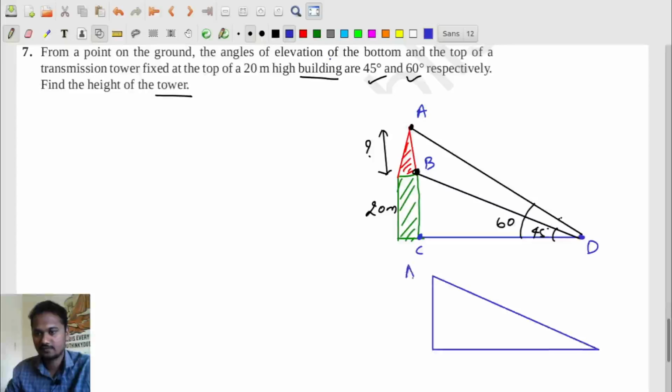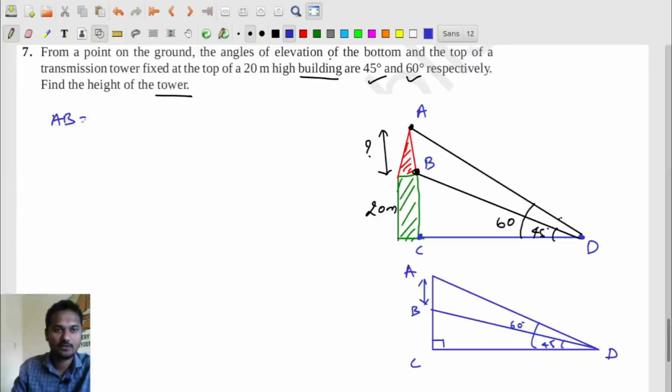A and B somewhere here, and then C, and then D, right? So this is your 90 degrees here, this is 45, and this one is 60, and we need to find this AB, right? We need to find AB.